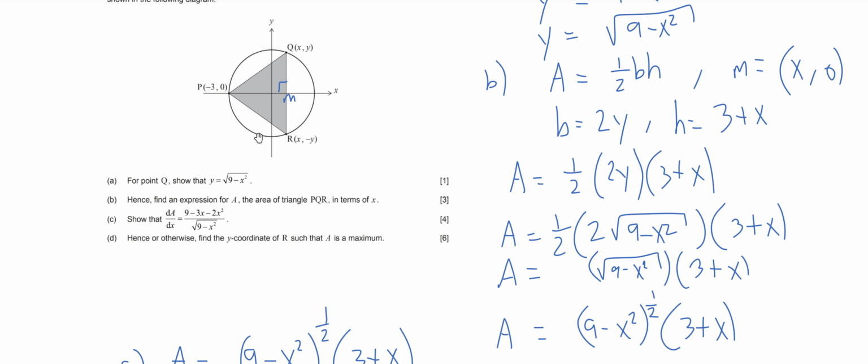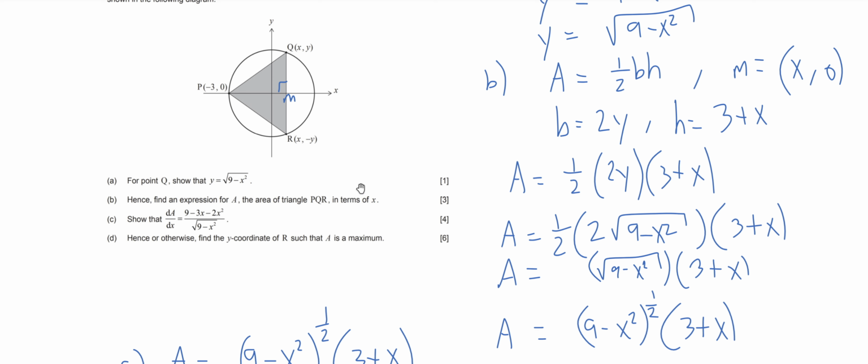However, if we choose x is 3 over 2, then the x-coordinate of R would place R on this side of the y-axis, so somewhere over here. And that looks far more likely for creating a maximum area, R being on this side of the y-axis rather than this side.